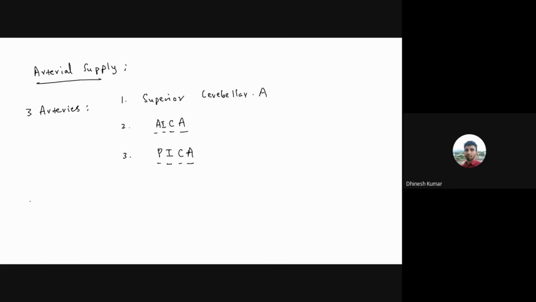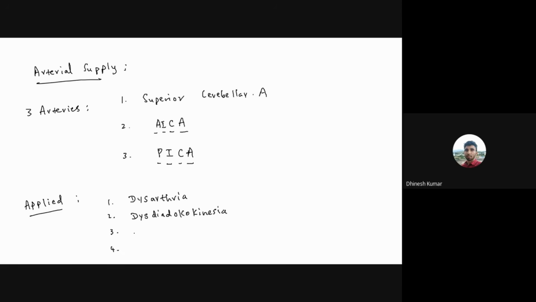Fine. Now coming to the applied aspects, the sub-question may be applied aspects of the pinned structure. Try to remember any four applied aspects of the cerebellum. One is dysarthria, then dysdiadochokinesia, then dysmetria.